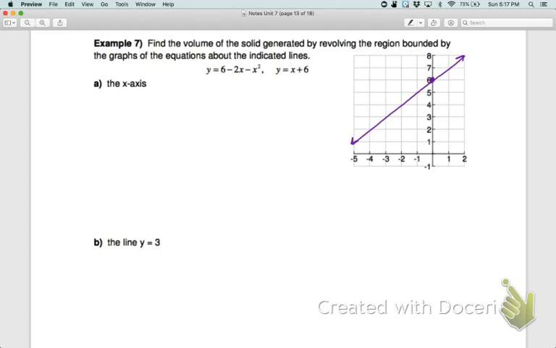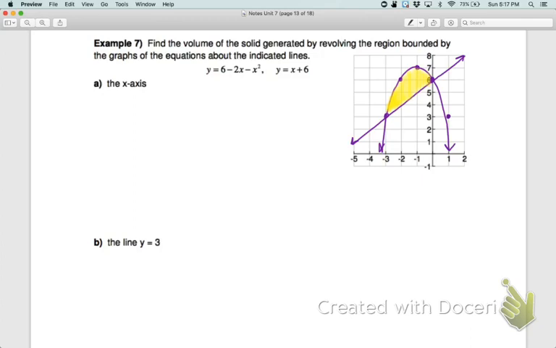And so I get the ordered pairs -2, 6, -1, 7, 0, 6, 1, 3, and 2, -2. So it looks like the vertex here, if I plug in -3, let's see what we get, +3. So yes, it's going to be a parabola that looks like this. And so we can see here is the region that we are going to be revolving.